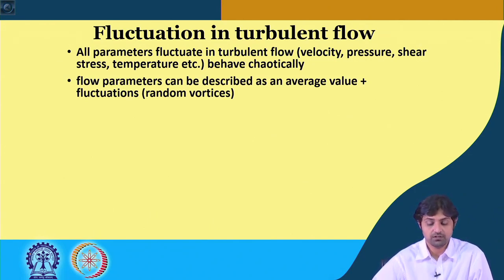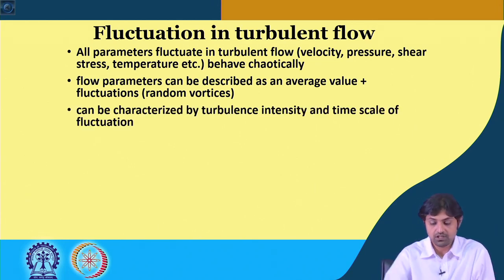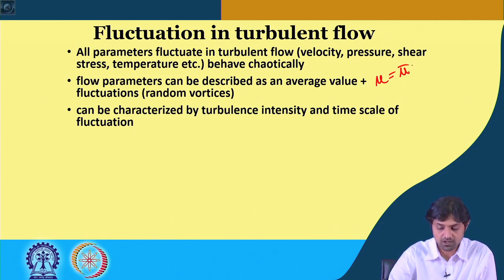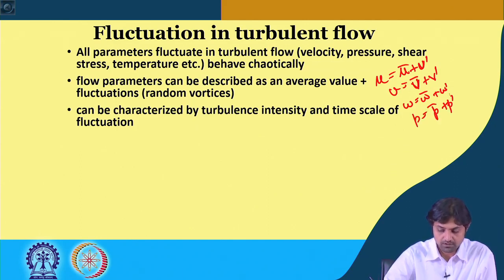This we have already seen many times, that u can be written as u bar plus u prime, v can be written as v bar plus v prime, w can be written as w bar plus w prime, same with pressure. This is the average component, the things with the bar, and this is the fluctuating component.